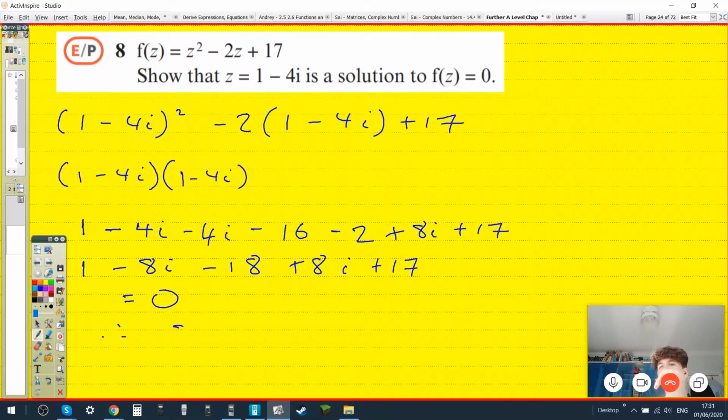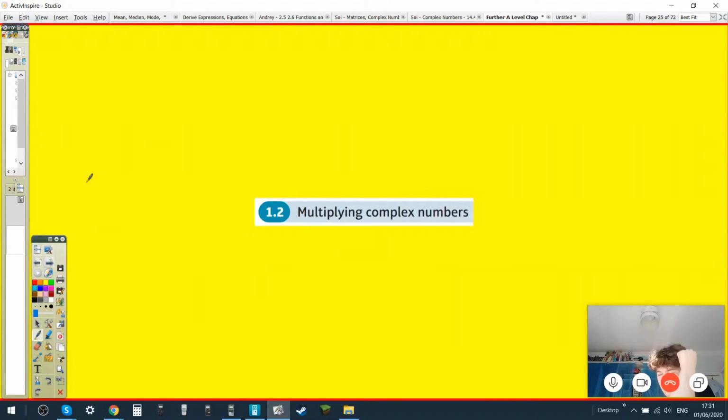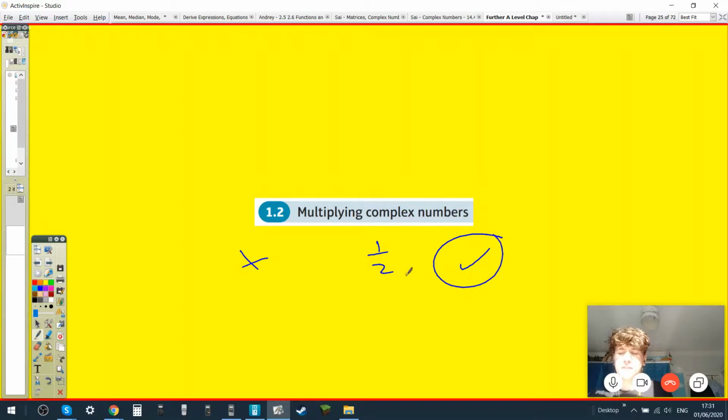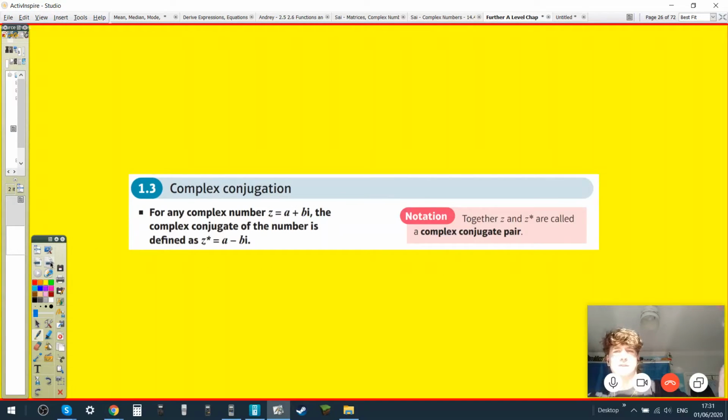Therefore, z equals 1 minus 4i is a solution. That's it. You just sub it in. Okay, multiplying complex numbers. I think I'm getting there with it. It's just the powers, and when you square it together, that makes it tough.